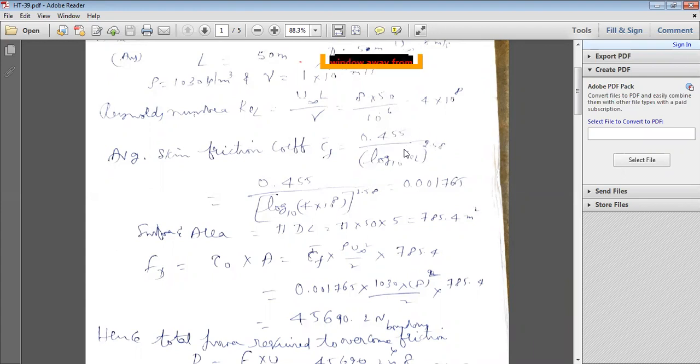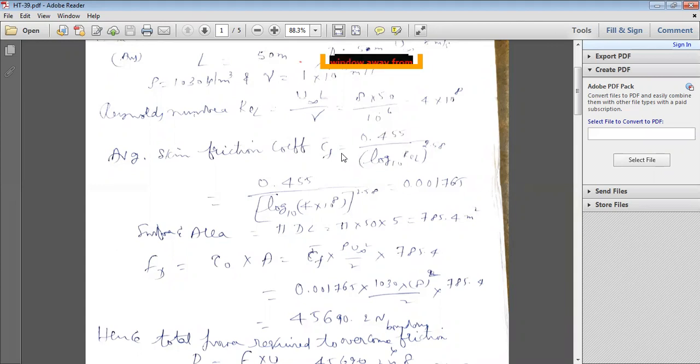So this has to be taken from the tables, or you have to remember it. Only two options. You have to remember the formula, or sometimes formulas for different flows, for laminar flow as well as turbulent flow, for a flat plate, for a cylinder, may be available in the heat transfer data book.